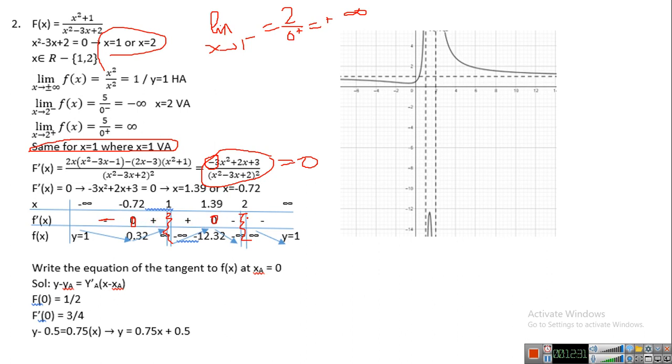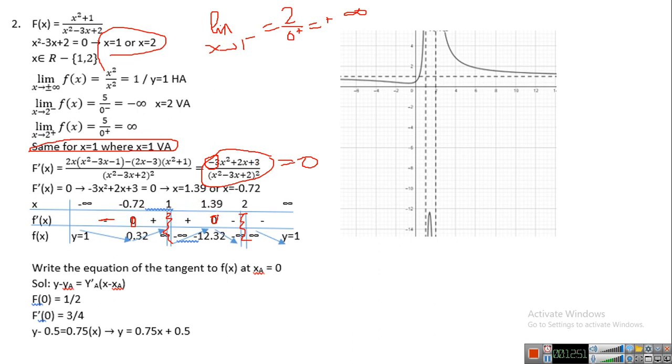If you have a mistake here and you're not sure, take any number before minus 0.72. Take minus 1 and replace it in f prime of x. If you take minus 1, you're going to get minus 3, minus 2, minus 5, plus 3, which is negative. Any number between minus 0.72 and 1.39, you can take 0. It's positive, plus 3.